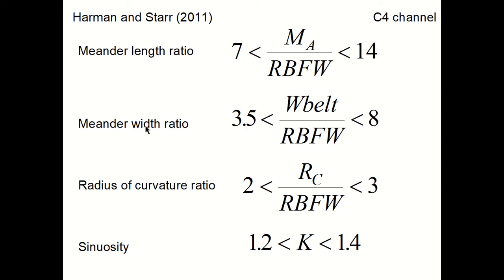The meander width ratio, the width of the belt divided by the riffle bankfull width, is supposed to be between 3.5 and 8. The radius of curvature, so the radius of curvature divided by the riffle bankfull width, is supposed to be between 2 and 3. And the sinuosity for a C4 channel is supposed to be between 1.2 and 1.4.